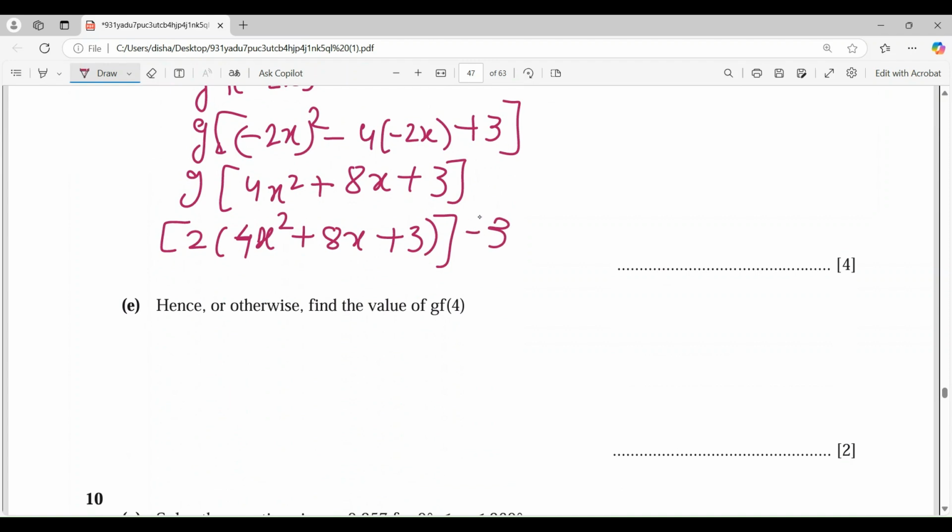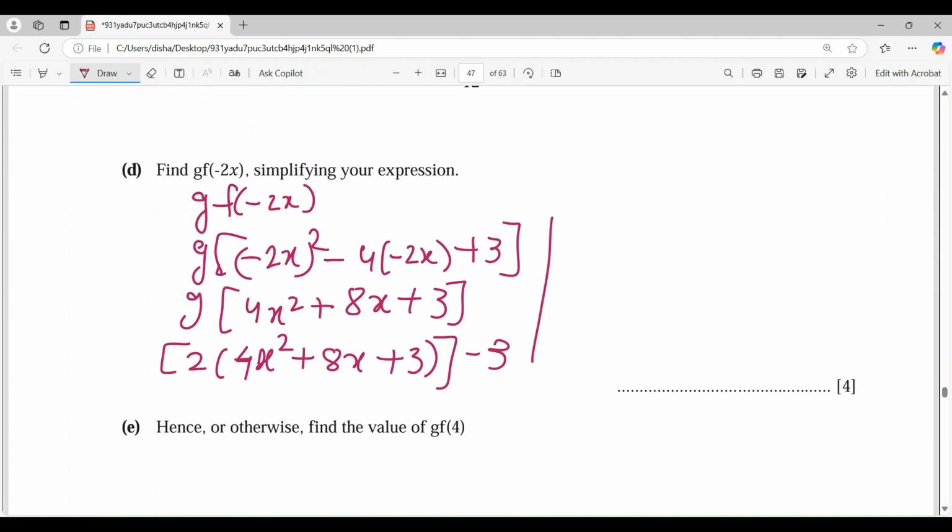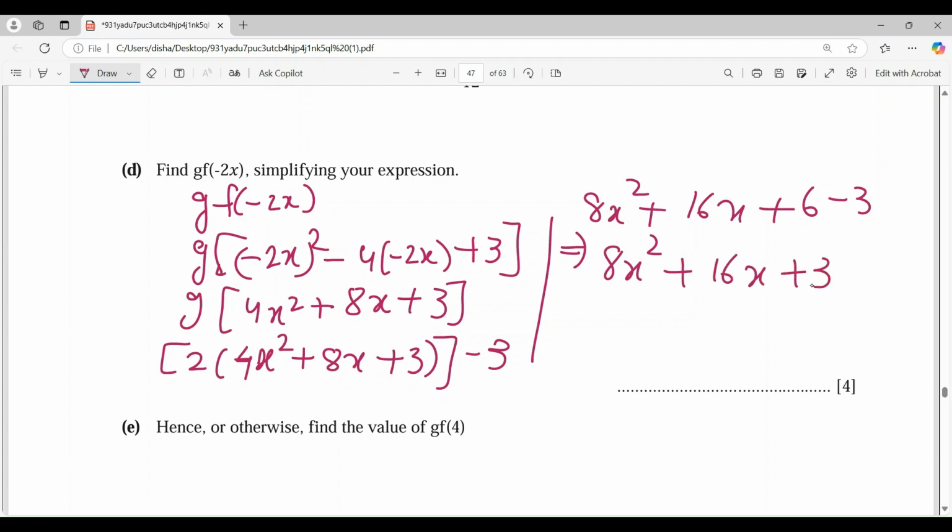So let me open the bracket. I will have 8x square plus 16x plus 6, minus 3 as it is. So answer will be 8x square plus 16x plus 3. So g of f of minus 2x is this.